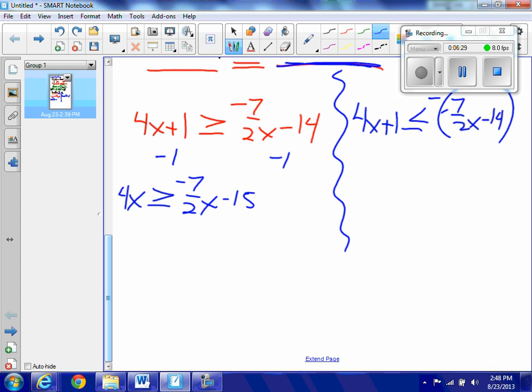Well, I think I want to bring my 7/2 x over to the other side. So I'm going to add 7/2 x. So that gives me on the left side 15 halves x is greater than or equal to negative 15.